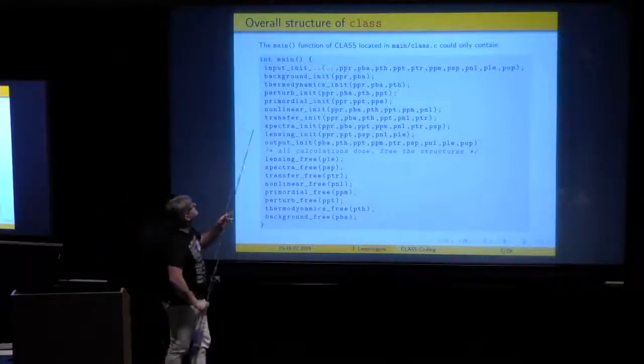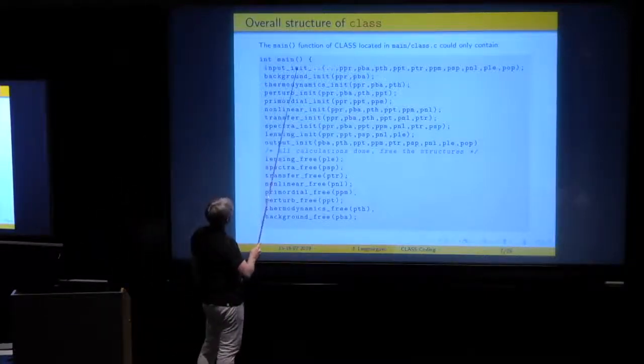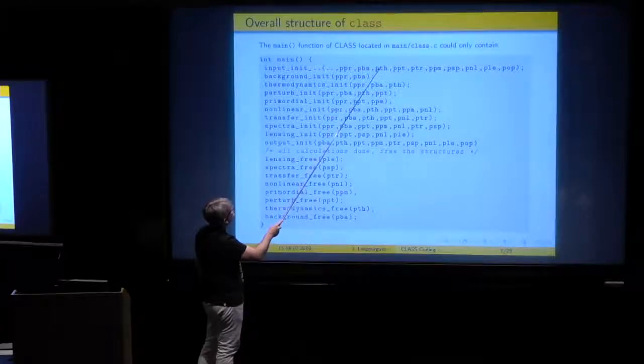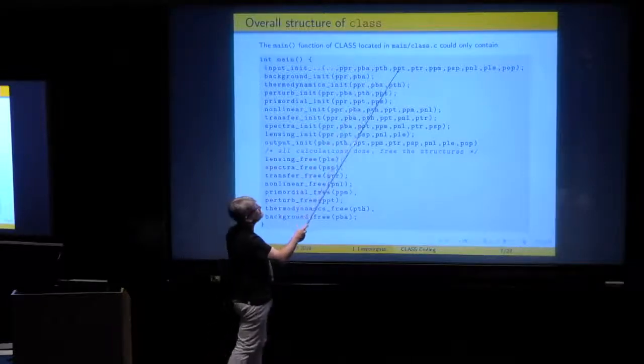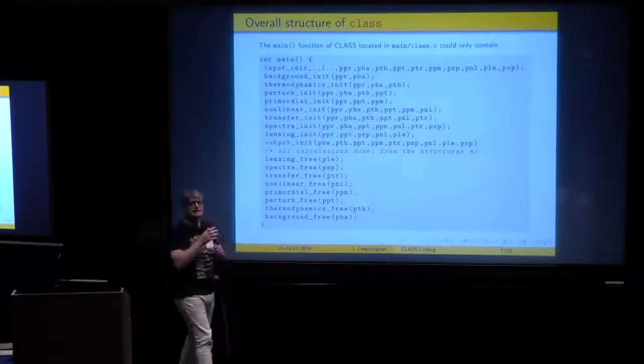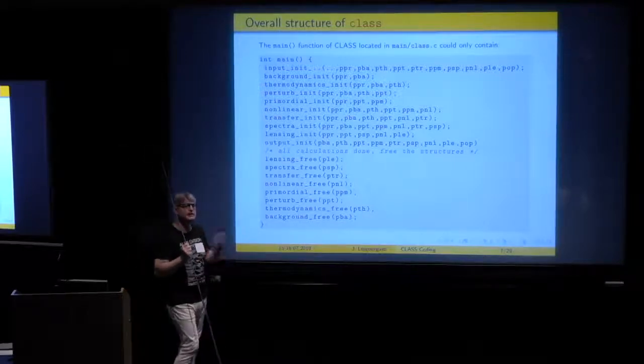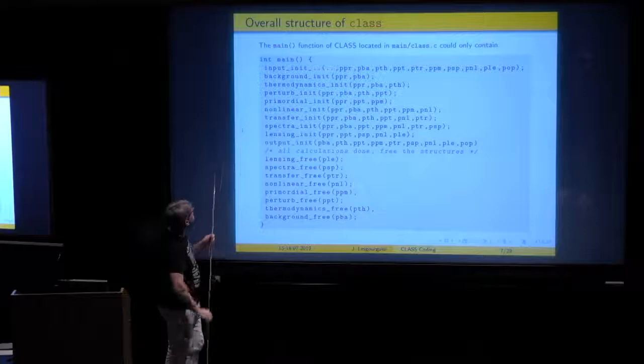So for instance, at this step, input init will fill the beginning of PBA, which contains the omegas, the densities. And it will fill the beginning of PTH, which contains, for instance, the helium fraction. And the beginning of PPT, which contains flags, saying if we have scalars and or tensors, and other things like that.